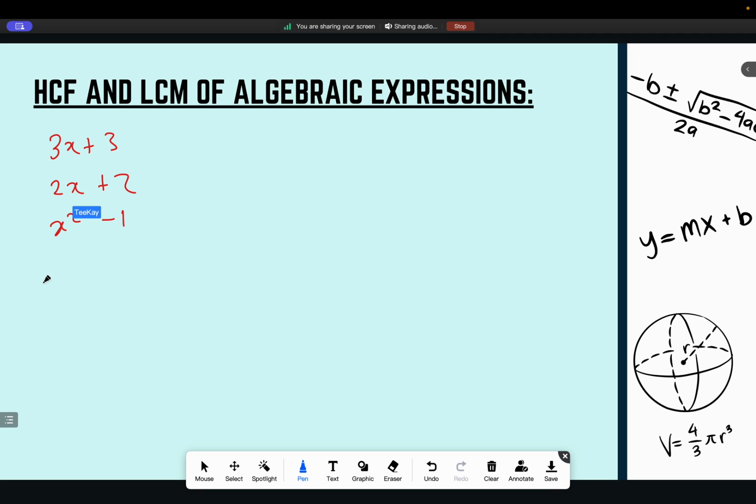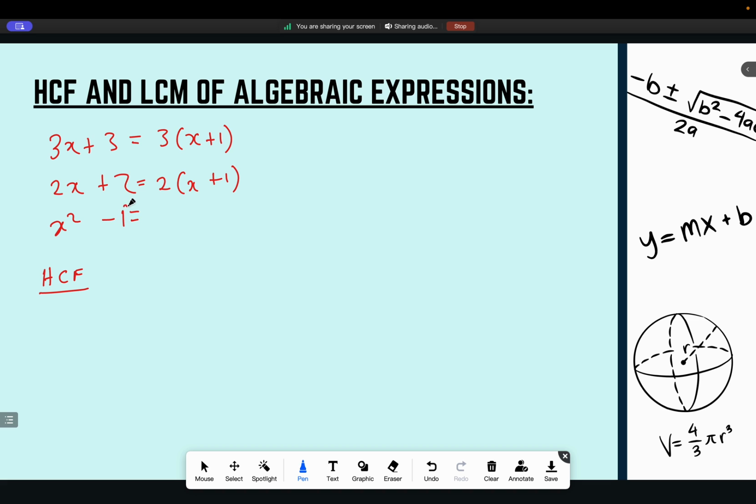We want to look for the highest common factor, right? So what we do is first we factorize these expressions. If we factorize this, we have 3 times x plus 1. Here we have 2 times x plus 1. And here it's a difference of 2 squares.